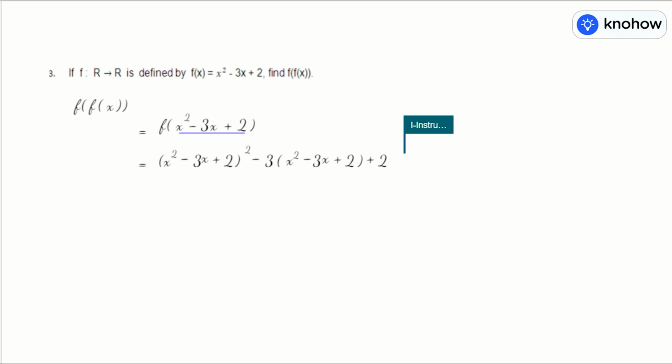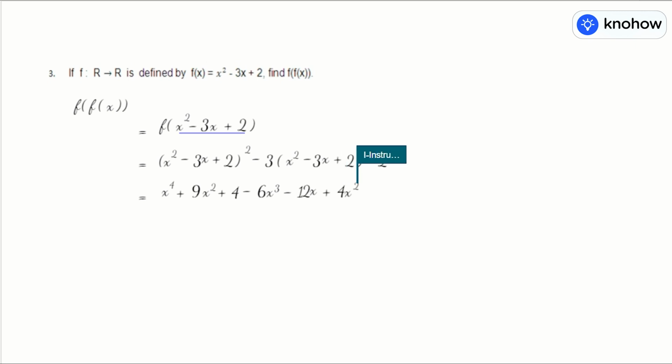Anyway, please note down, (a plus b plus c) whole square is what? a square plus b square plus c square plus 2ab plus 2bc plus 2ca. Using that, it will give you x to the 4 plus 9x square plus 4 and minus 6x cube minus 12x plus 4x square.